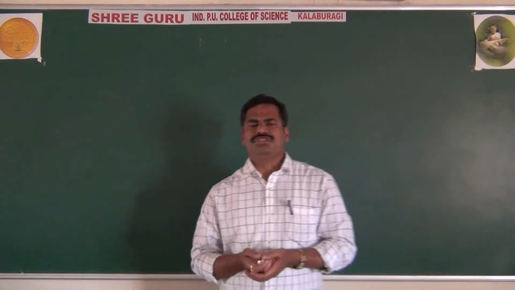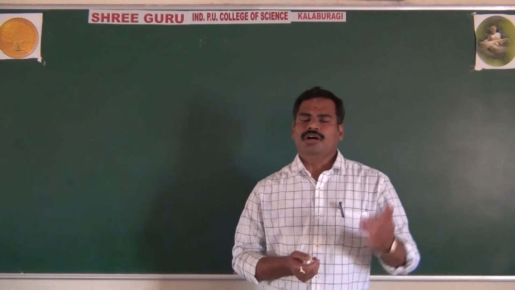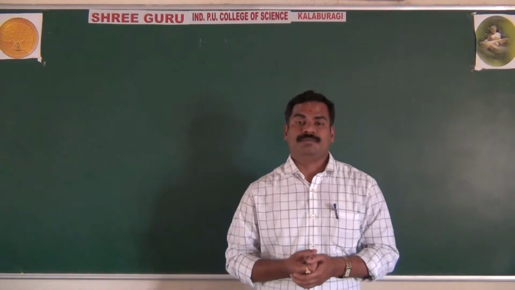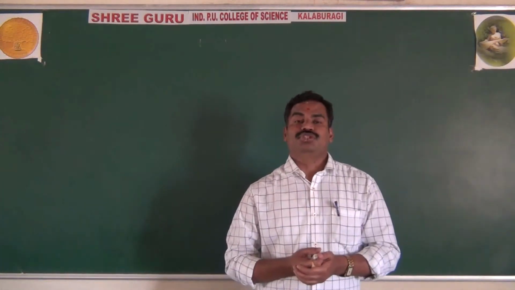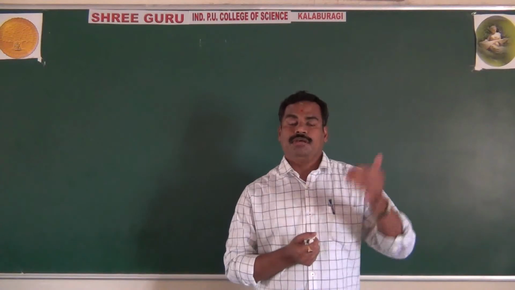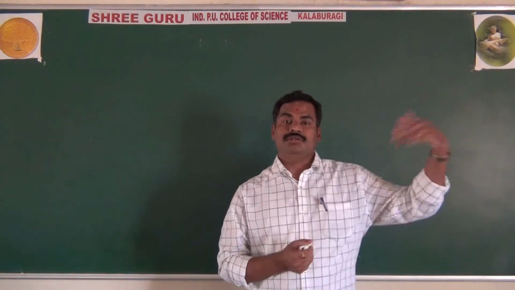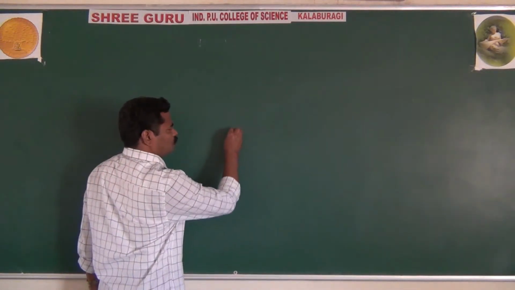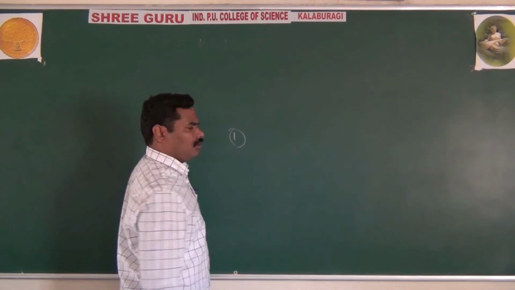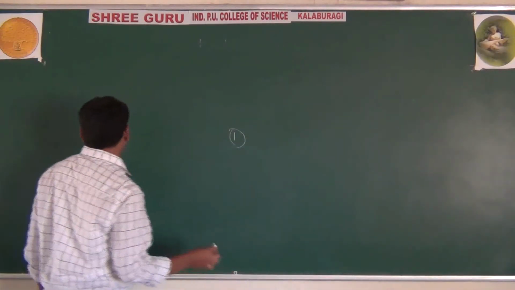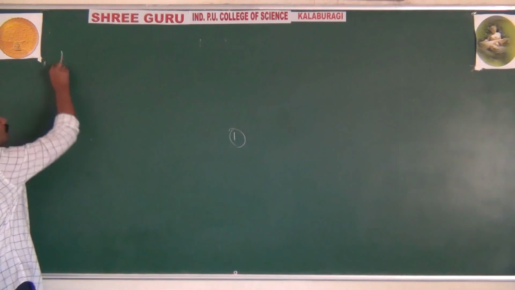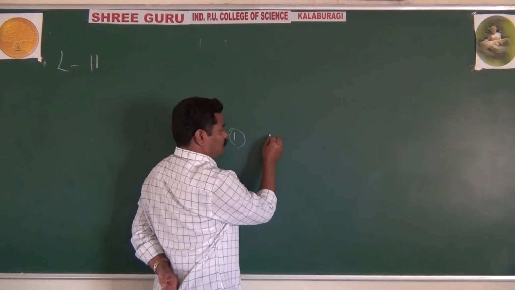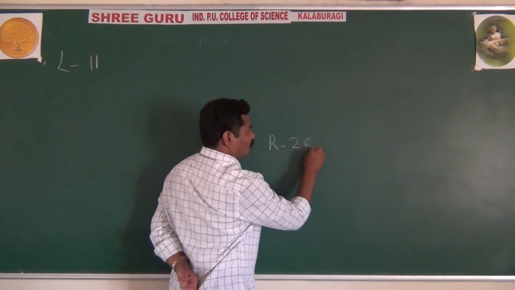And you have already discussed in the last class that an op amp can be used to convert digital signals to analog signals. Today's lecture is lecture number 11, and you have already studied about the R-2R ladder.